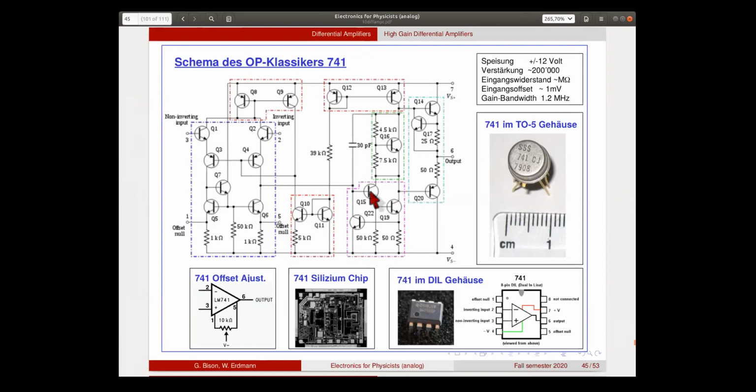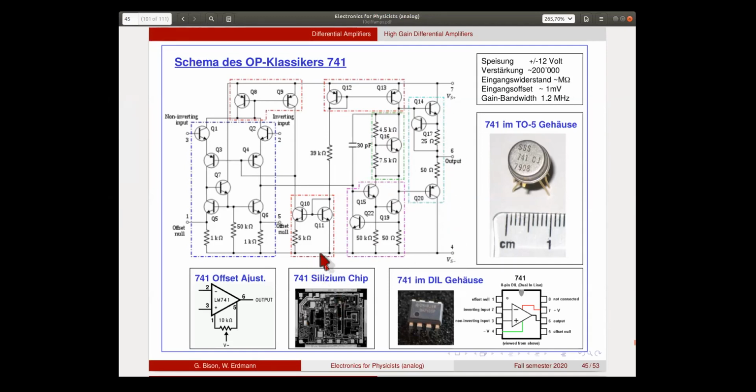So this is a so-called Darlington configuration, but they look like one huge beta transistor, and this is the collector load for this transistor. So this is a very high gain stage as a second stage. So here we have three stages actually. There's the input stage, there's a second gain stage, and there's an output buffer in a push-pull configuration.